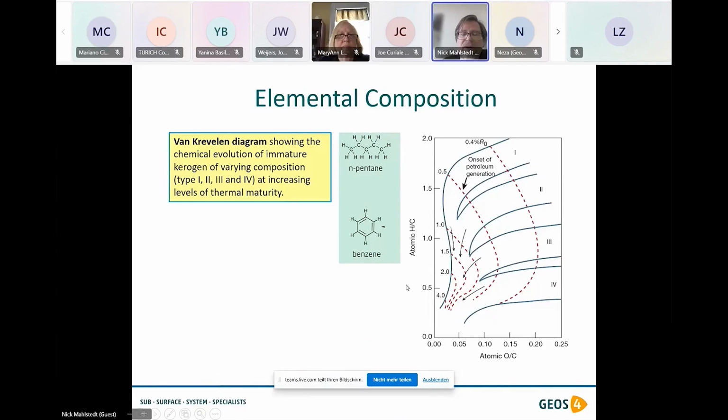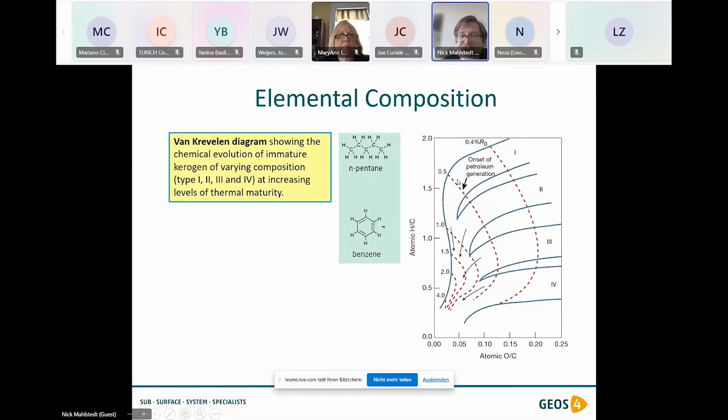All right, so let's start with the elemental composition as shown here in the Van Krevelen diagram, and how the compositions of the different organic matter types evolve with maturity. So for all kerogen types, first during diagenesis up to 0.5% vitrinite reflectance, we see a decrease in the oxygen over carbon ratio, mainly by the release of the most labile oxygen-containing functional groups.